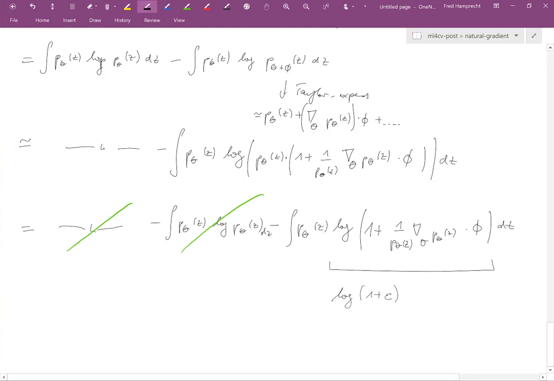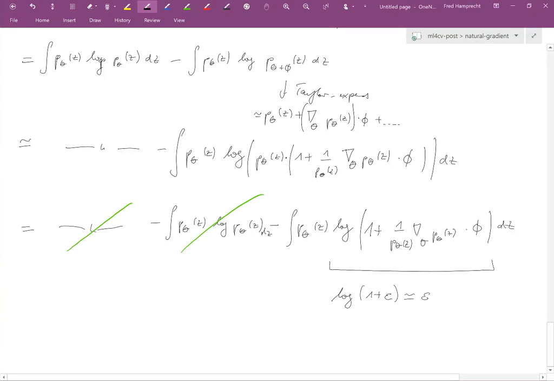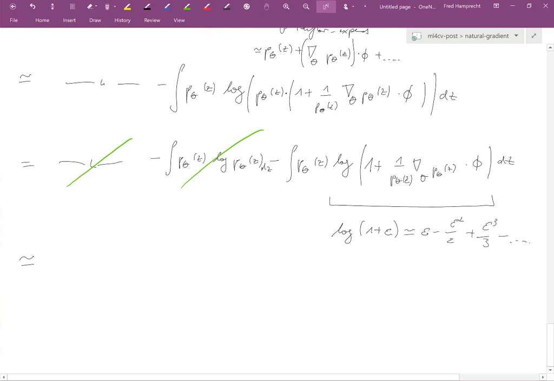The second term here is small compared to 1, so log of 1 plus epsilon is approximated as epsilon minus epsilon squared plus epsilon to the third divided by 3, and so on. Now with this second approximation, we get the following. I need to write this, what was the epsilon, the argument here.